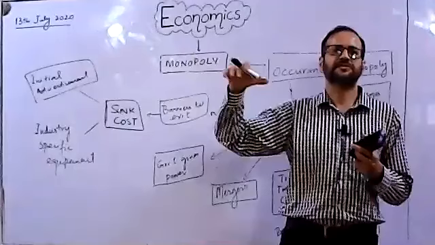So this type of specific equipment, which is only used for that purpose, is going to be a sunk cost, and it is going to create barriers for them to exit. They cannot sell and run away because it's going to give them a sunk cost, and they will remain in the business just to control the market share, and hence the monopoly will occur over there.